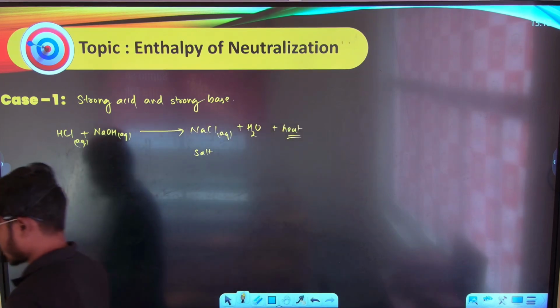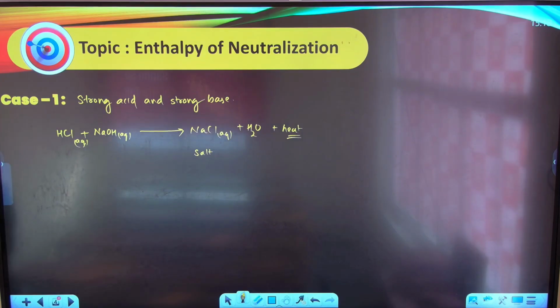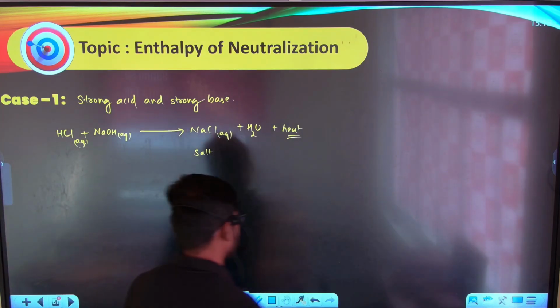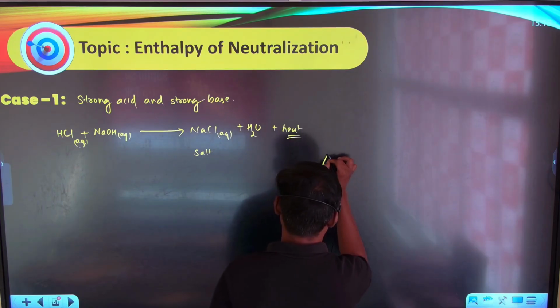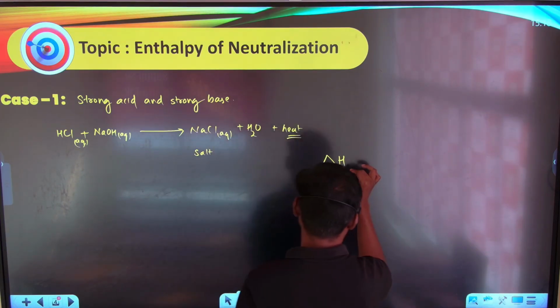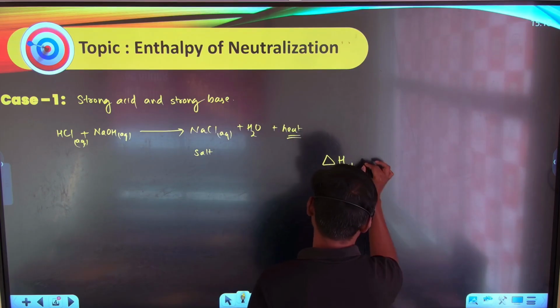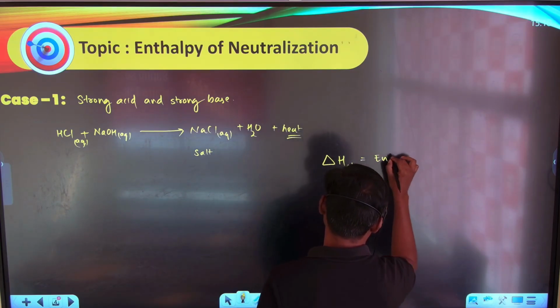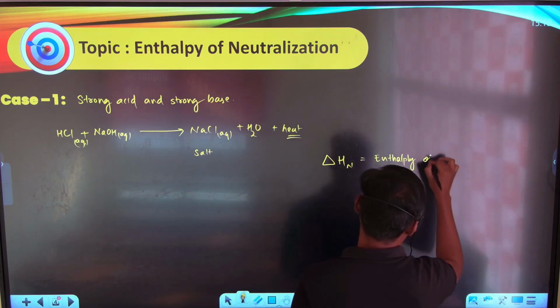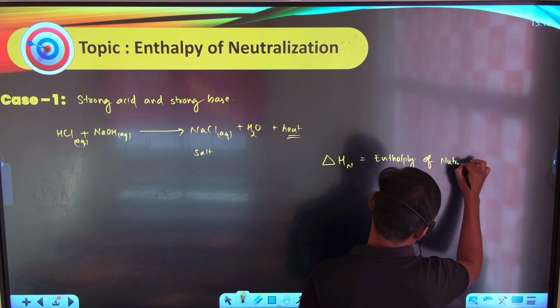That heat change taking place in this reaction is represented as delta H for enthalpy change, and for neutralization we represent it as delta Hn, that means enthalpy of neutralization.